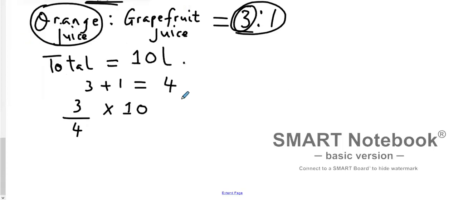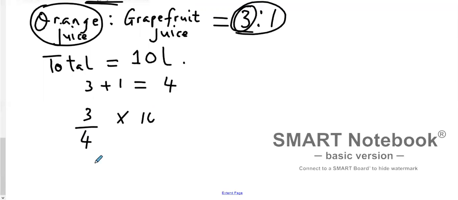I should repeat this part. Sorry for the inconvenience. So we have 3 out of 4 multiplied by 10.